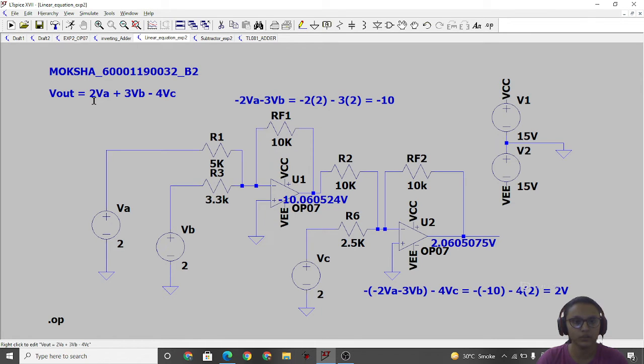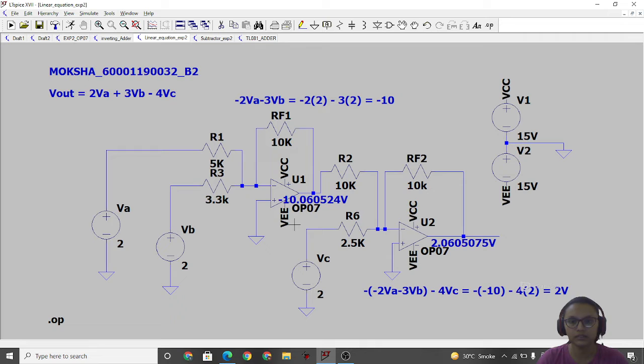As I have told you, look at the coefficients and decide the resistance value: 10 divided by 5 is 2, 10 divided by 3.3 is 3. So at the output I should get minus 2VA minus 3VB, which is minus 10, because this is an inverting amplifier.